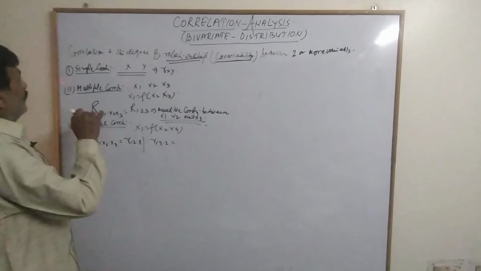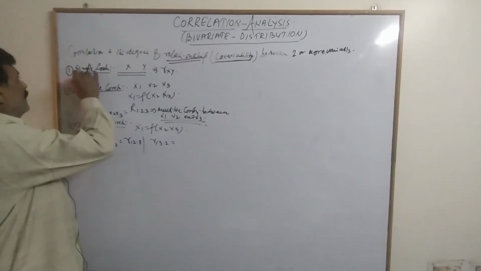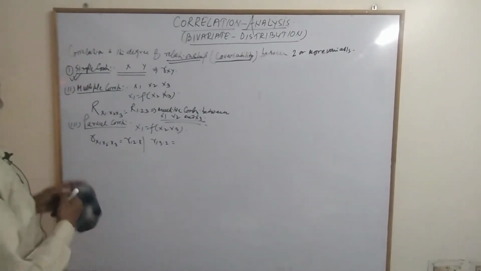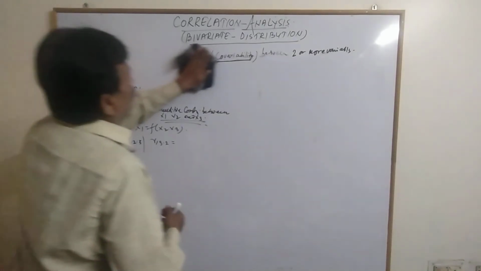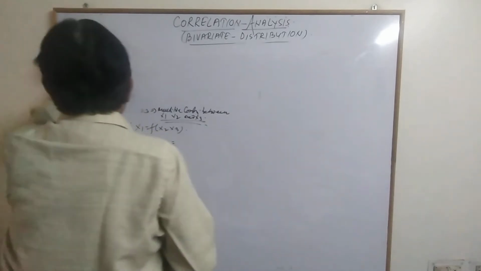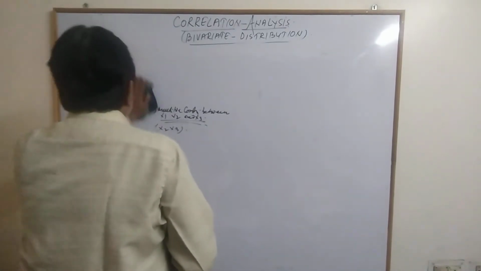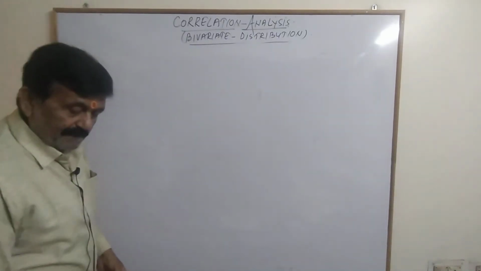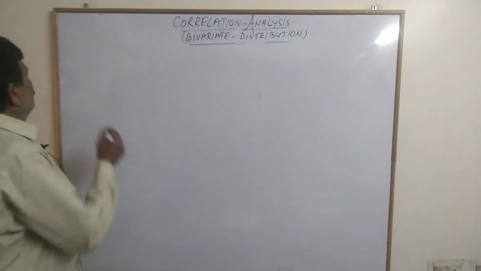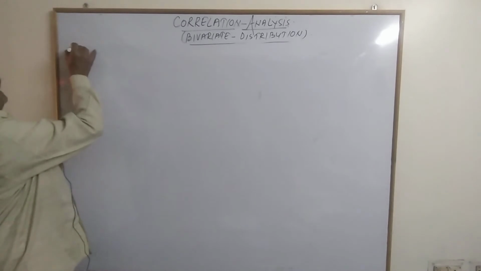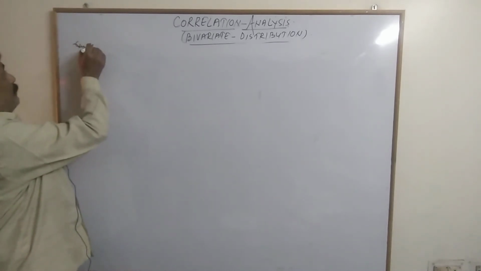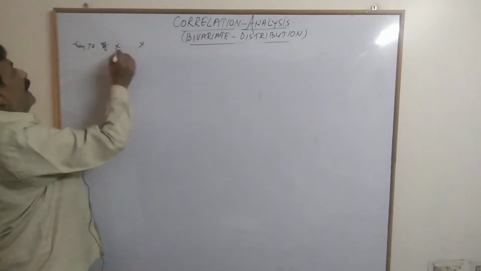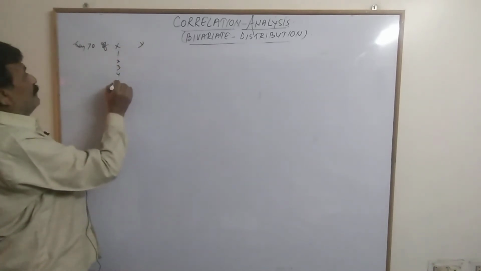And right now in this class we are interested in simple correlation. So now let us explain what simple correlation means. Simple correlation between two variables x and y may be positive or negative. Just now I said that this measures the degree of covariability. So Rxy is positive if x and y move in the same direction.